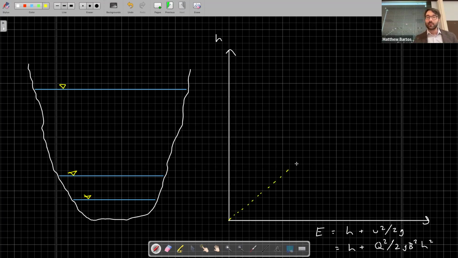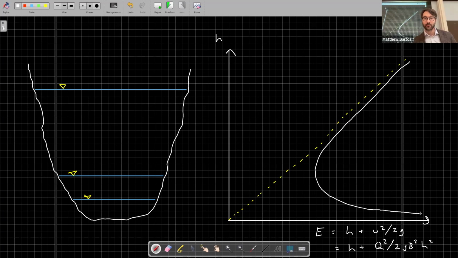I'm going to draw a diagonal line here just to help me draw the plot. And if we plot out this specific energy function, this specific energy curve as a function of the depth, it will look something like this. So each of these depths over here on the left corresponds to some point on our specific energy curve.